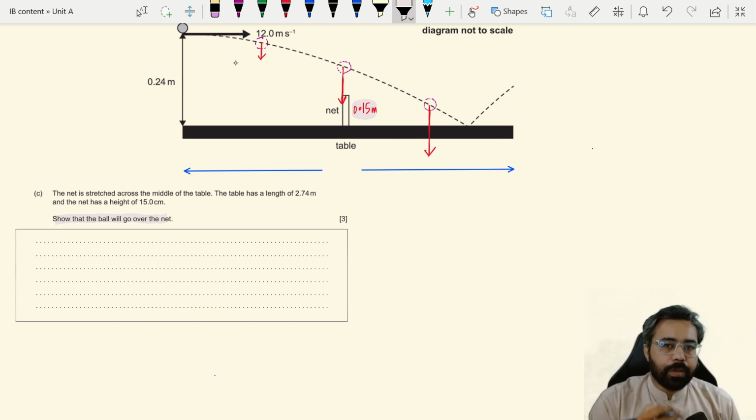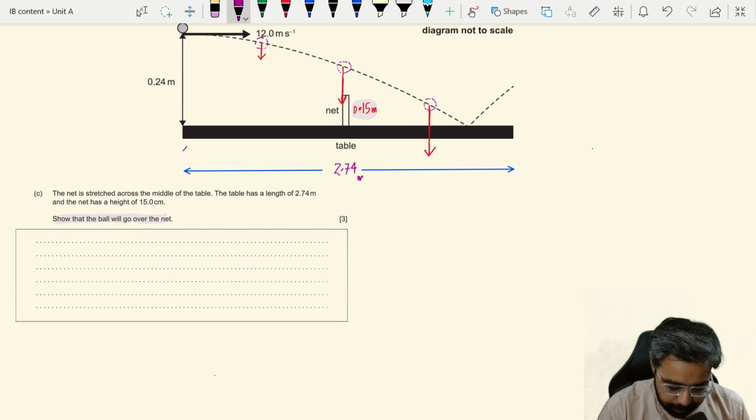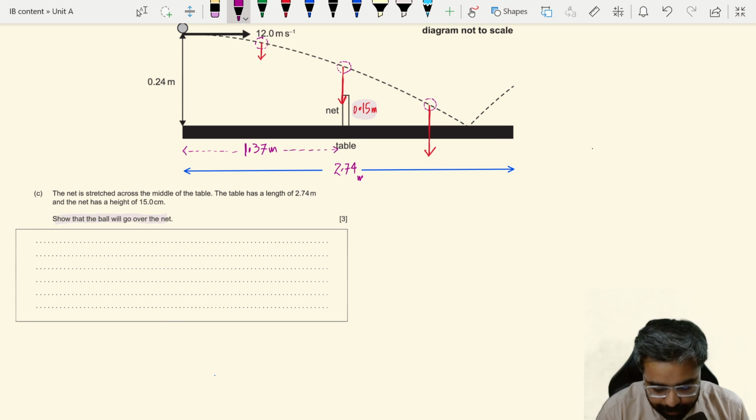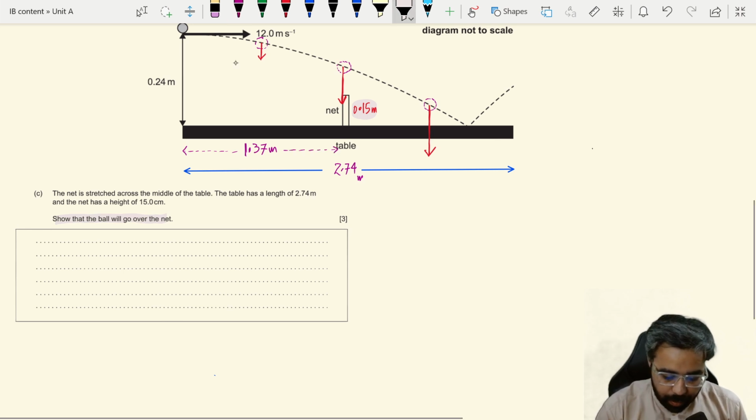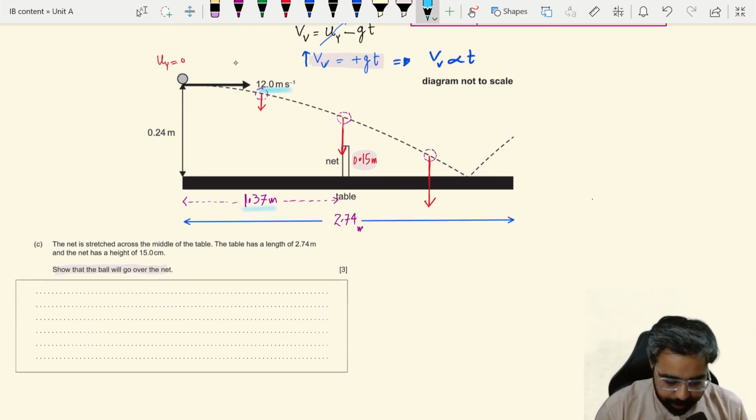Now how do we know at what instant of time the ball will reach the net? So we know the length of the table, that is 2.74 meters. So how much time will the ball take to cover half of 2.74? So that should be 1.37 meters. We can easily find it, because we already know the initial speed along the x-axis.